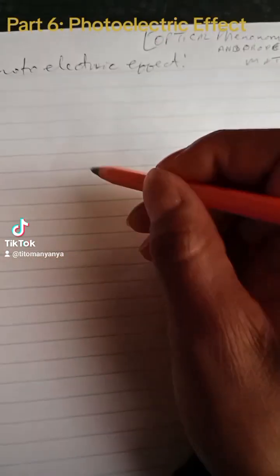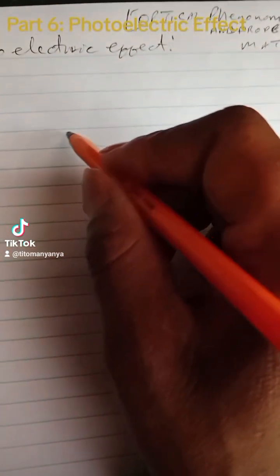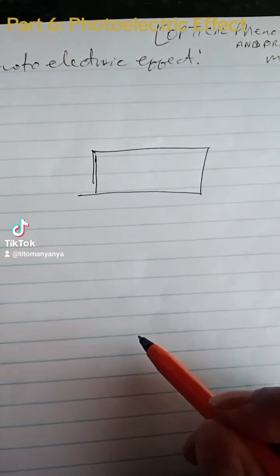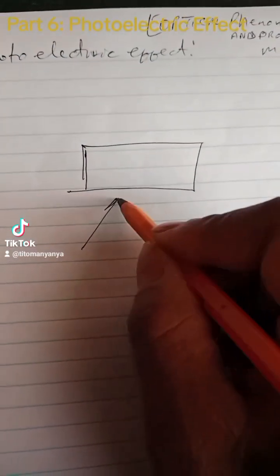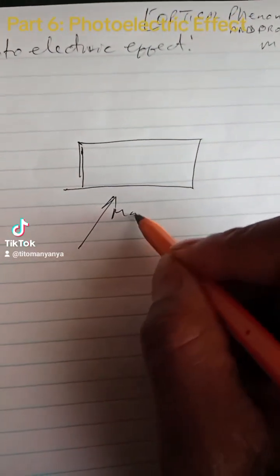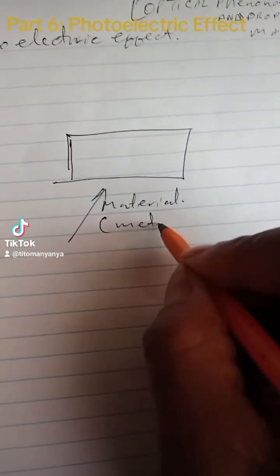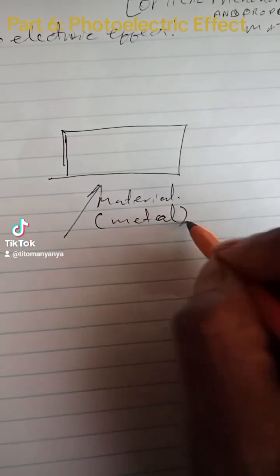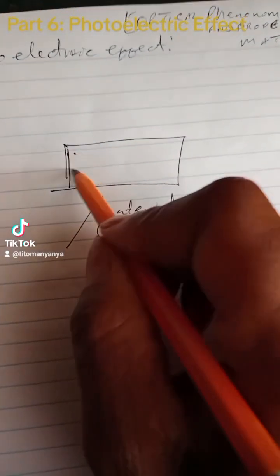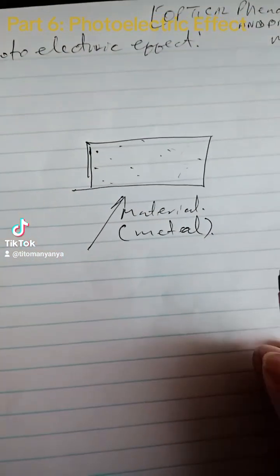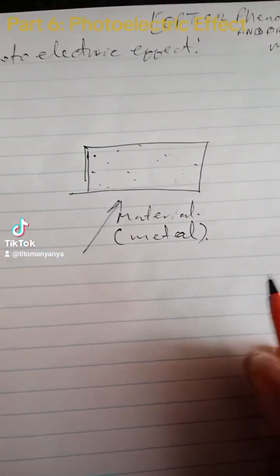So first thing, let's understand what the photoelectric effect is. Let me demonstrate with this small diagram. Let me say this is a material, and this material is a metal, and this metal has its composition.